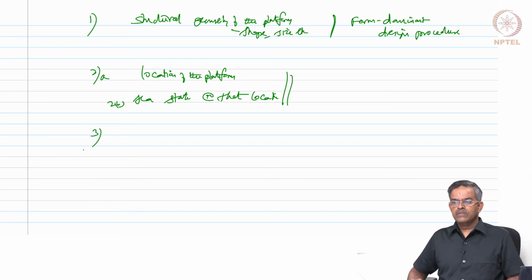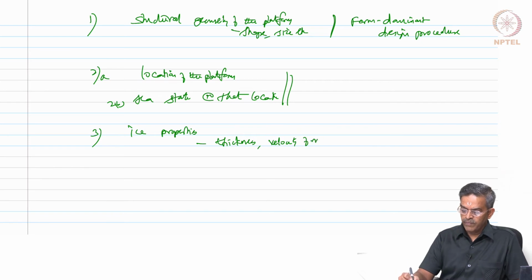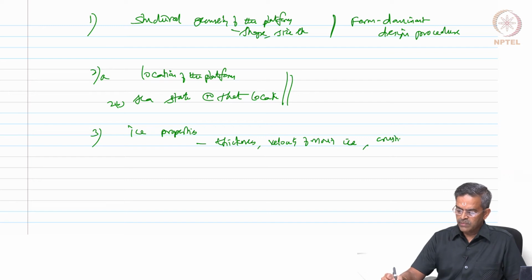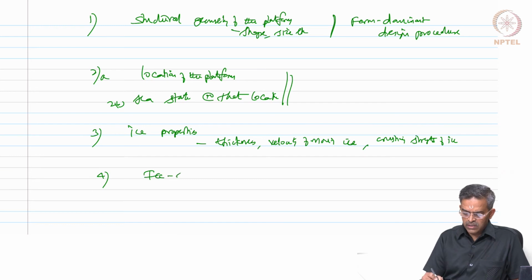The third factor that governs ice load calculation is the ice properties itself. For example, thickness of ice, velocity with which ice is moving, crushing strength of ice, and lastly, the ice structure interaction.